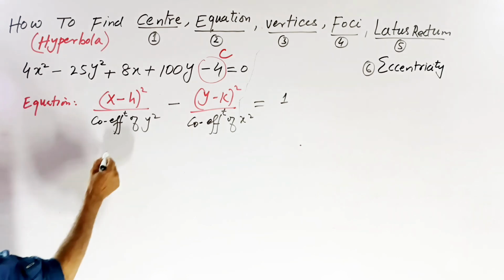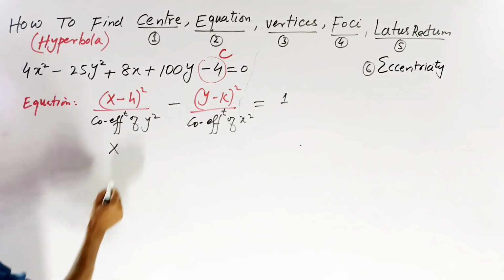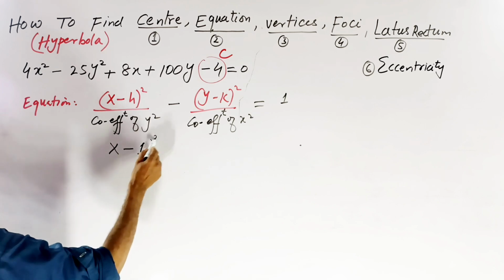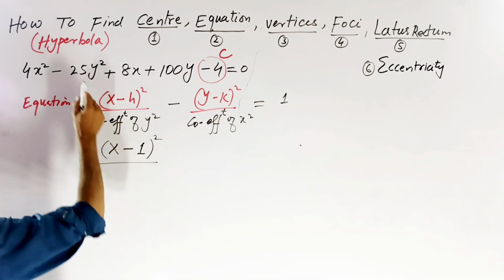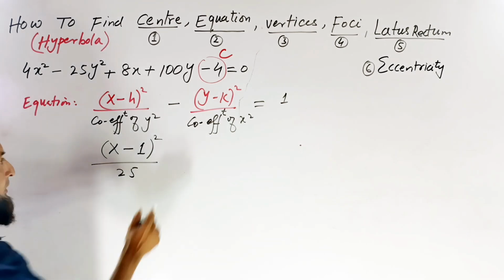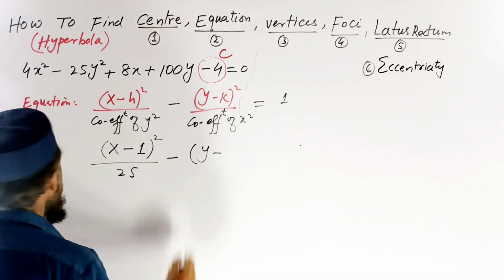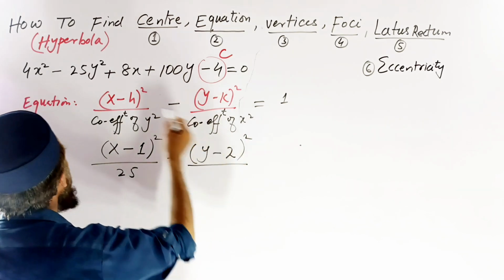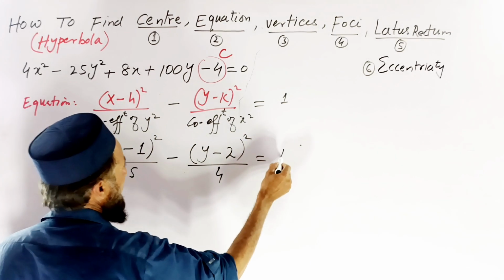Now x minus h, we have already found, is minus 1, whole square divided by the coefficient of y square, which is 25, ignoring the negative sign, minus (y minus 2) whole square divided by the coefficient of x square, which is 4, equal to 1.